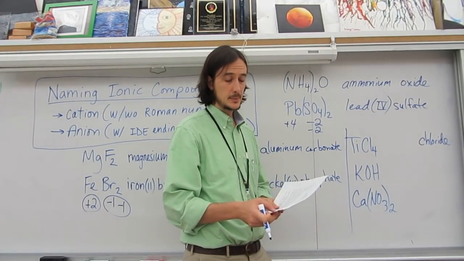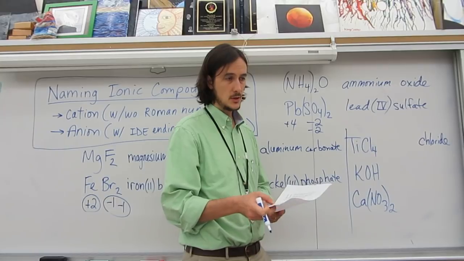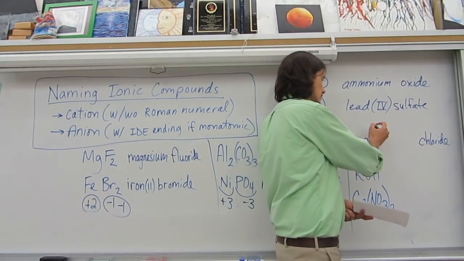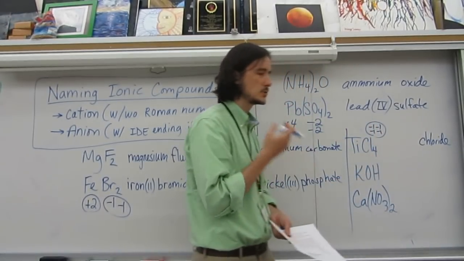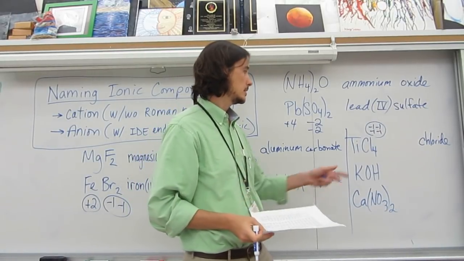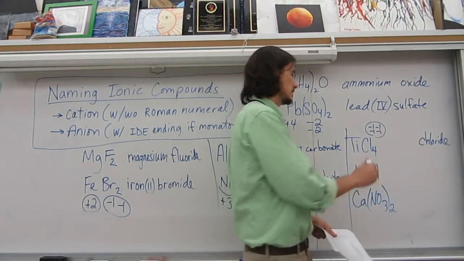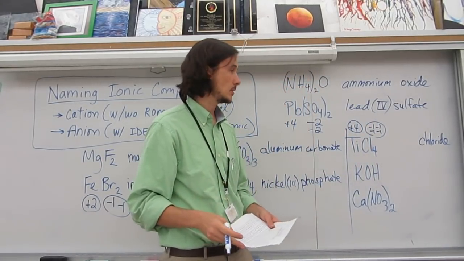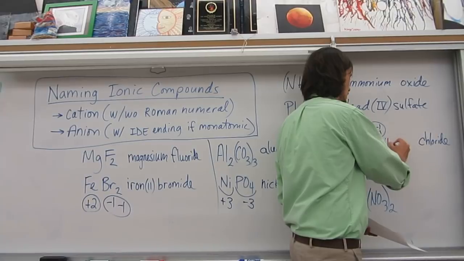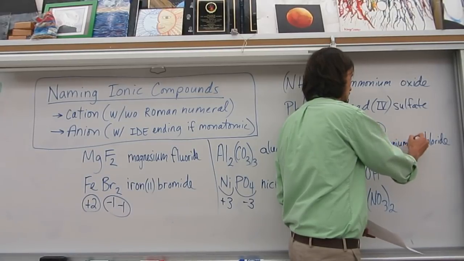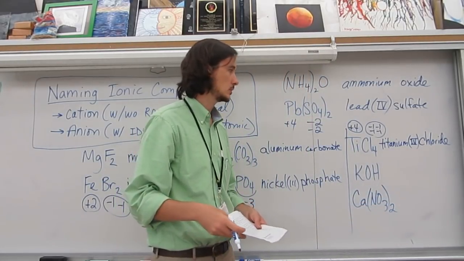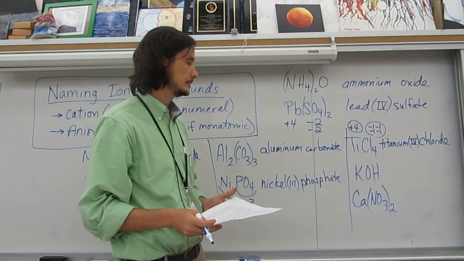Chloride, I find on the periodic table, it is in group 17. Group 17, I predict a -1 charge. Right, there's all those -1s. There's 4 of them. So it's -4. And there's only 1 titanium. So the titanium has to be +4. That's going to add up to 0. Titanium 4 chloride is the name for that compound.